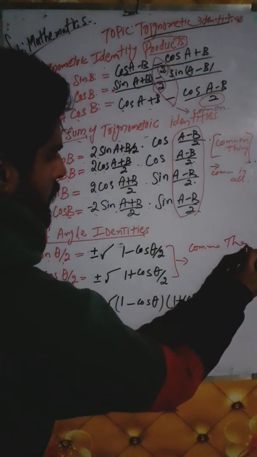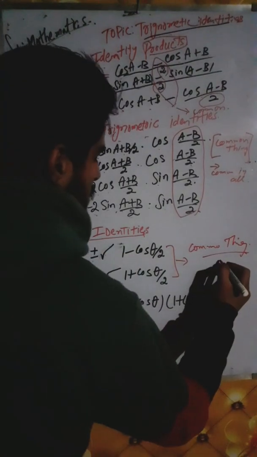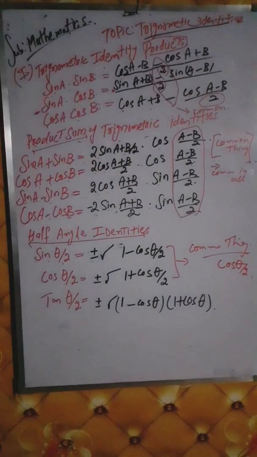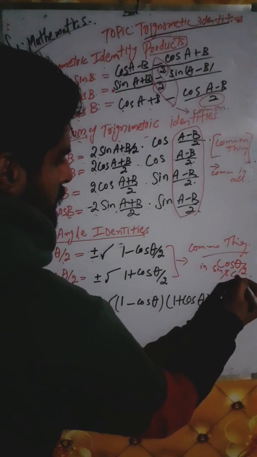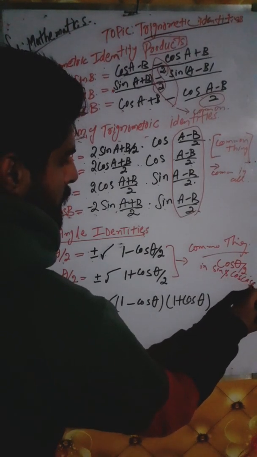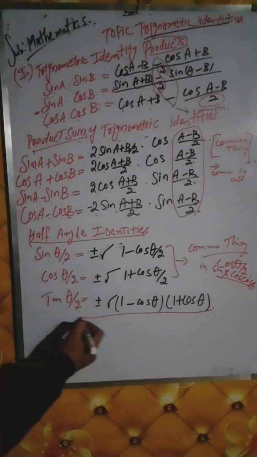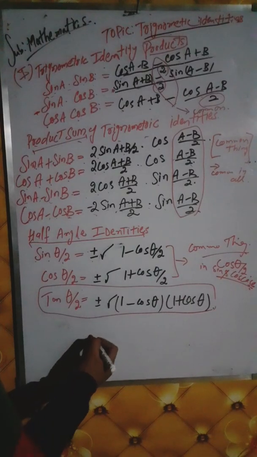This will help you to remember this formula. So this is tan theta by 2; the plus minus sign depends upon your question.